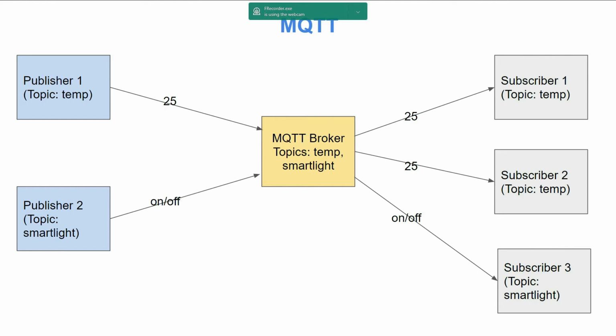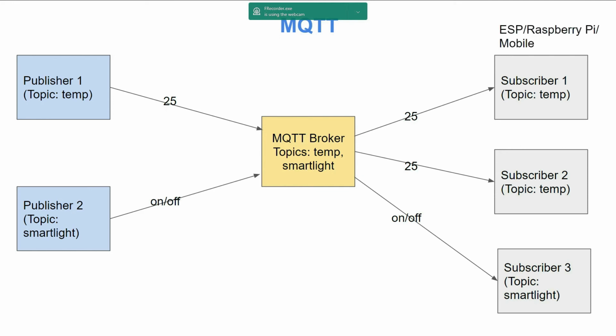So that's in brief about how MQTT works. There are 3 main components. One is the MQTT broker, which is a kind of server. We have various subscribers to the various topics, and we have the publishers who publish to the various topics. Now let's see who could be the subscriber.